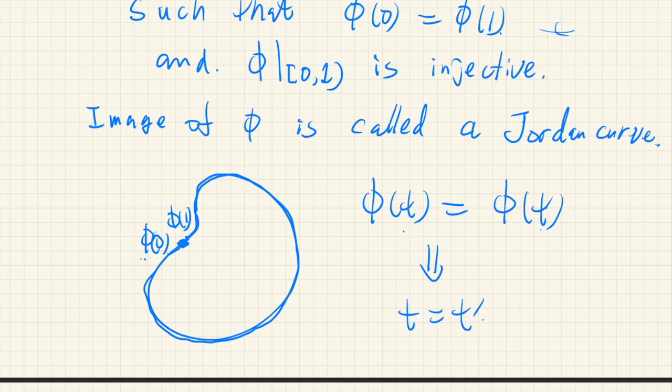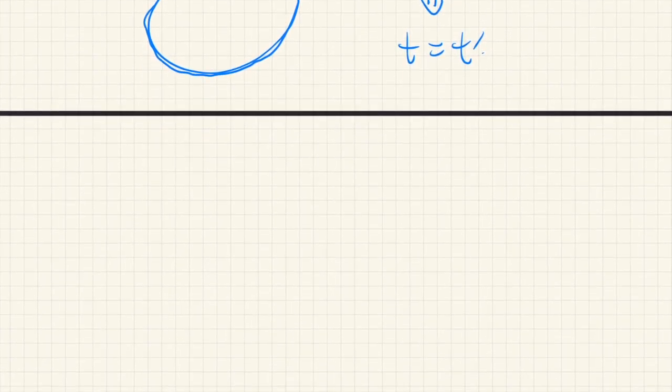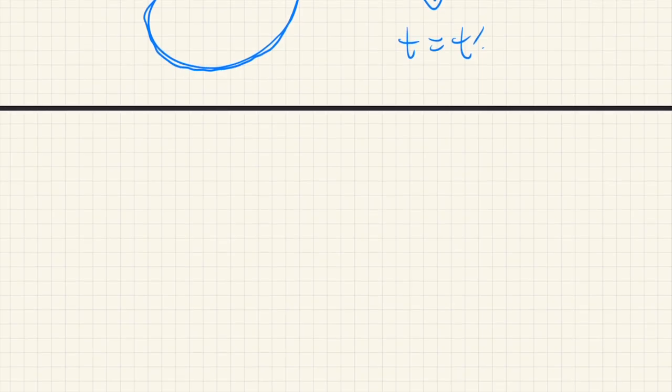two values of t and t prime coincide at the same point. Okay, so maybe it's easier to see what's not a Jordan curve. This is not a Jordan curve because this point can be achieved by two different values of the parameter.